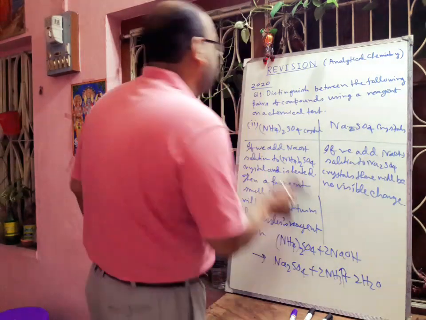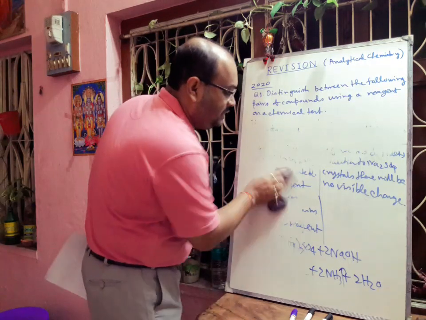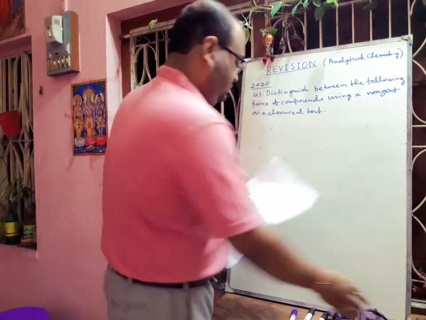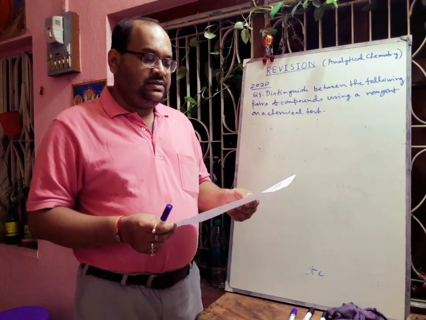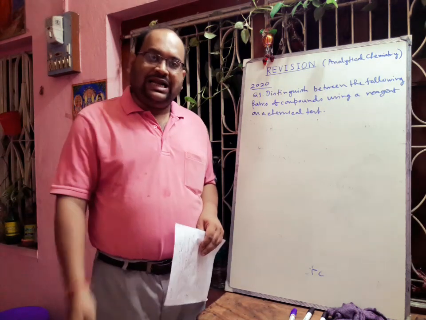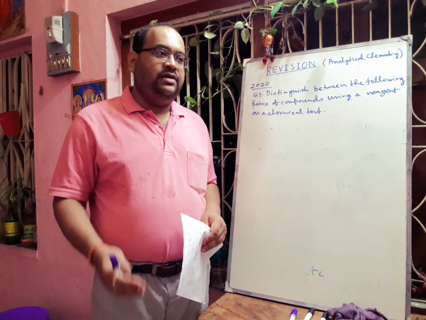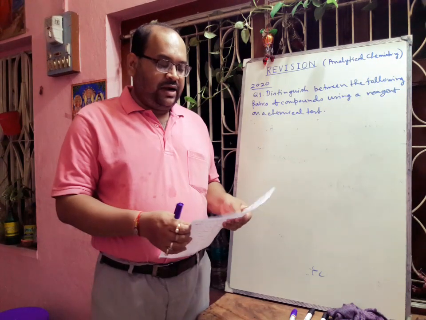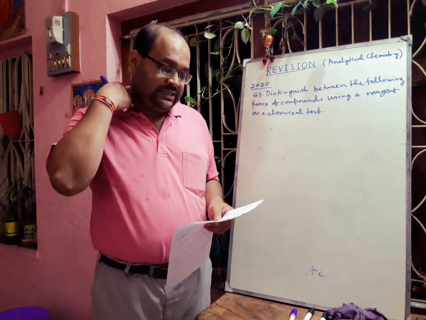Next, the third question given in the year 2020 is magnesium chloride and magnesium nitrate solution. In case of magnesium chloride, you can add lead nitrate solution, then there will be formation of lead chloride that is soluble in hot water but insoluble in cold water. But if you add lead nitrate solution to magnesium nitrate solution, there will be no visible change.